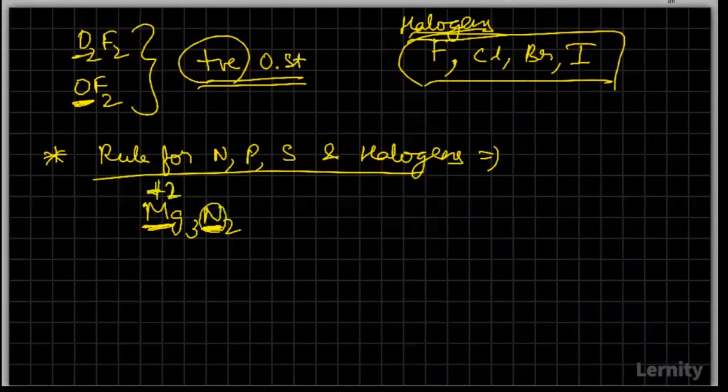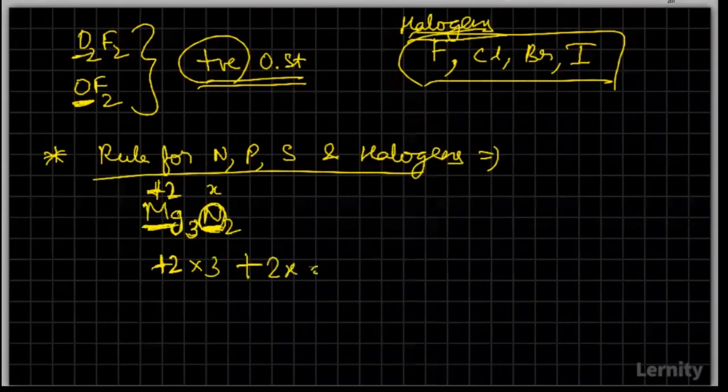But the oxidation number of nitrogen, I don't know. So how you have to solve is, +2 is the fixed oxidation number for magnesium, and how many magnesiums do I have here? 3. So it's +2 into 3, plus, as I don't know the oxidation number of nitrogen, I'll take it as X. How many nitrogens are there? 2X.